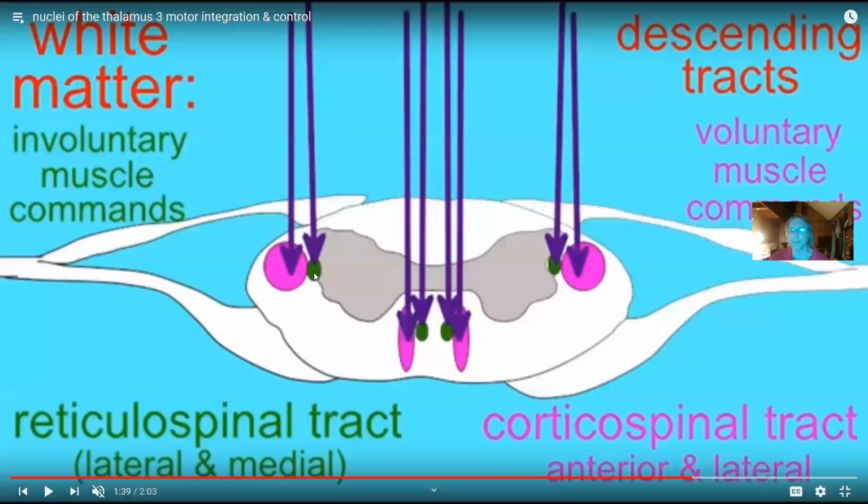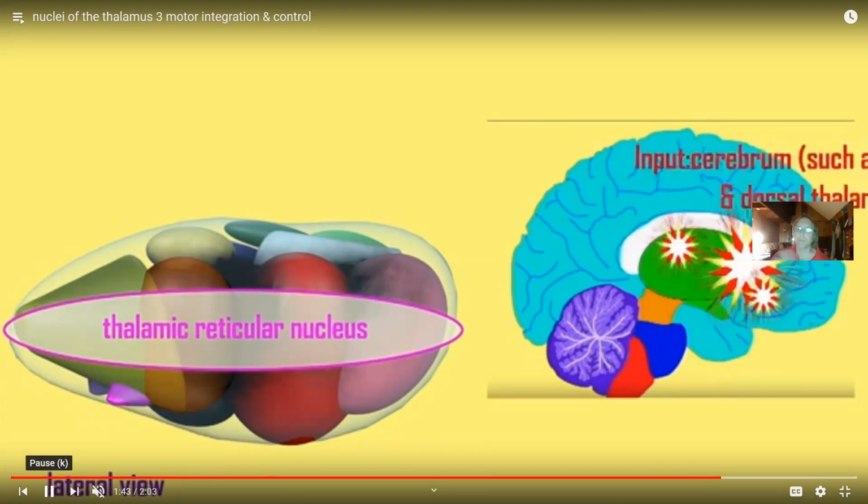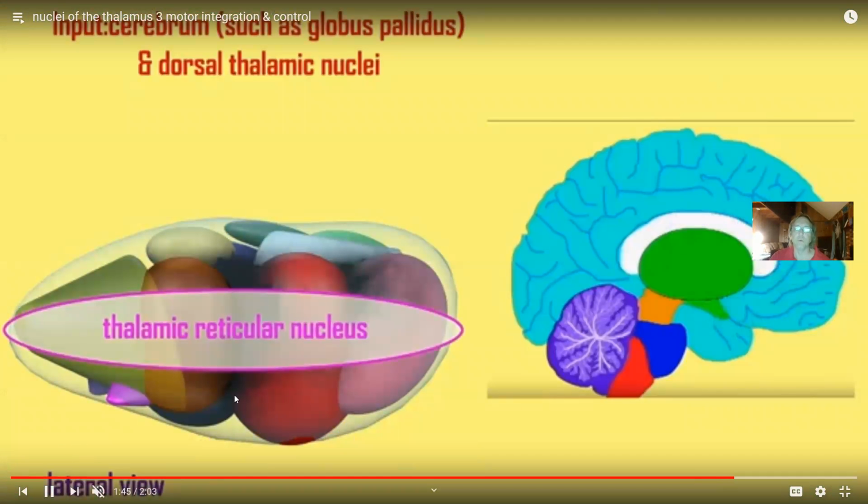For example, here we can see the lateral and medial reticulospinal tracts carrying information from the reticular formation. While most of the reticular formation is in the medulla, pons, and midbrain, there is a thalamic reticular nucleus kind of outside that white matter which envelops the other nuclei.